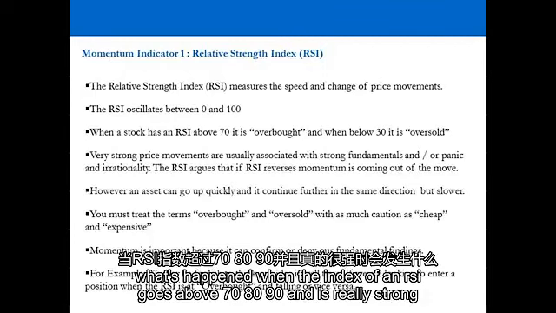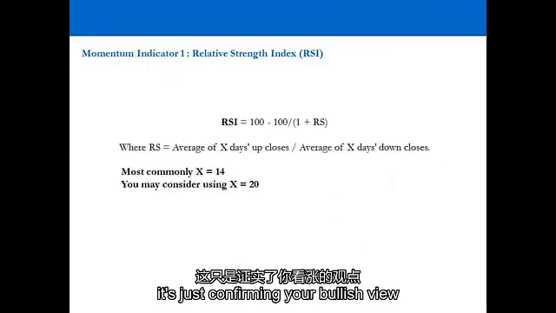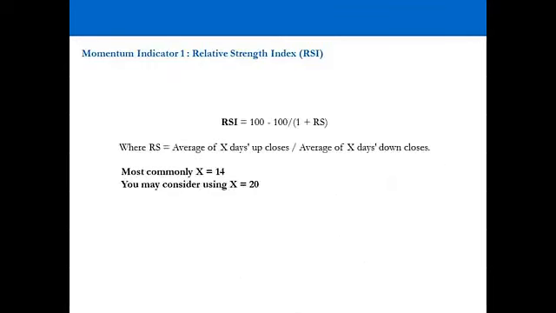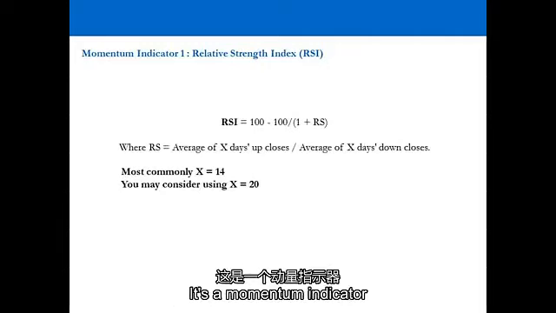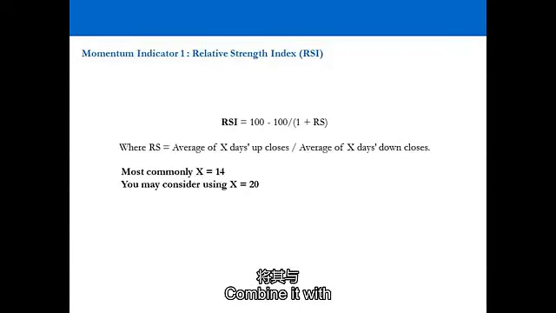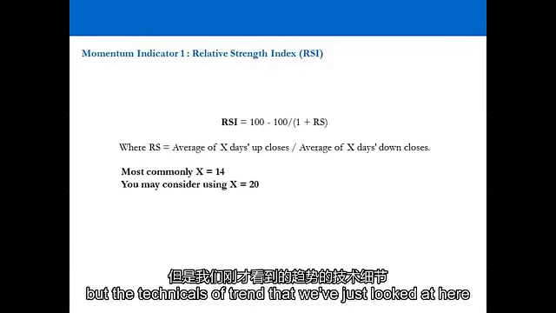What's happened when the index level of an RSI goes above 70, 80, 90 and is really strong, it's just confirming your bullish view. And you could actually miss the trade. So you have to combine it with other technicals. It's a momentum indicator. Combine it with the technicals of trend that we've just looked at here.